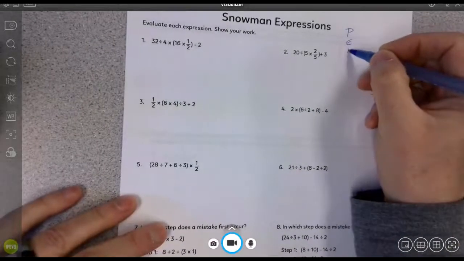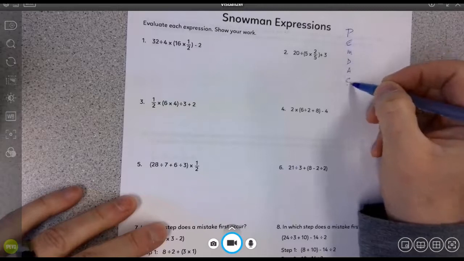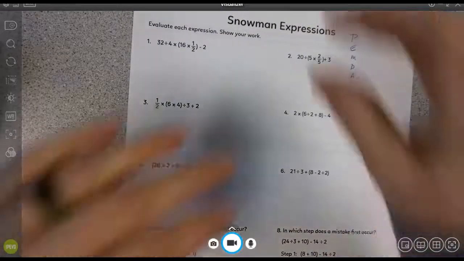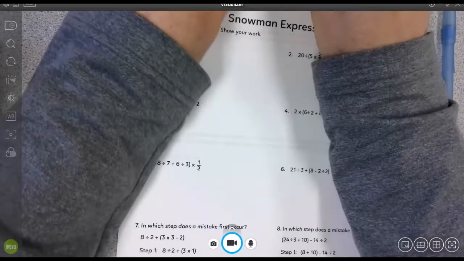Remember PEMDAS. Or hopefully you can remember the hand signals, the movement I did. Remember brackets, parentheses, exponents, multiply or divide from left to right, add or subtract from left to right. I'll do that one more time.